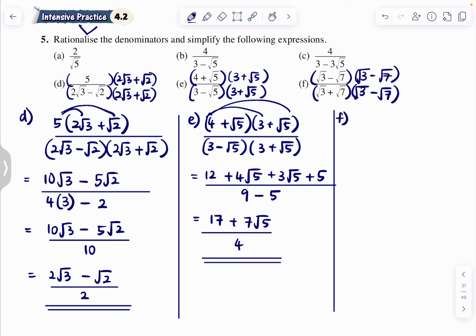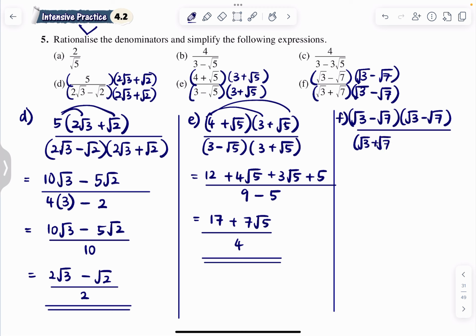Let's just write it down first. (√3 − √7)(√3 − √7) over (√3 + √7)(√3 − √7).